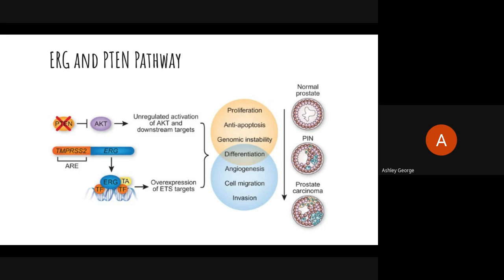So yes, as we can see, it leads to uncontrolled cell proliferation, increased angiogenesis, which is the formation of new blood vessels that nourish the tumors, ultimately to invasion, and then metastasis, which is the spread of the cancer cells. And that's all from me.